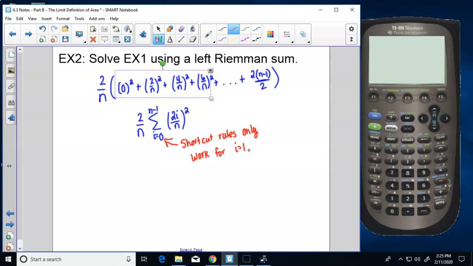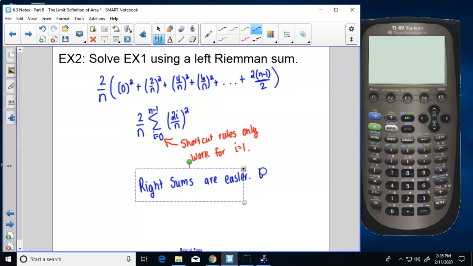So the moral of the story here is right sums are easier. Okay, so your right sums are easier to use in this case.